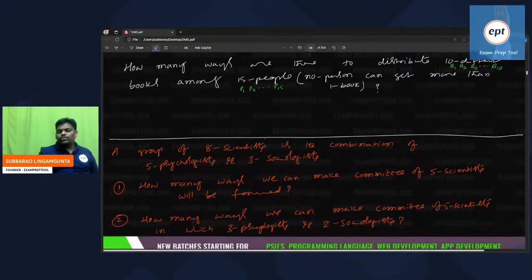Where can book B1 go? It can go to anyone. Book B1 can go to anyone. Book B2 can go to where? Other than that place, any place.